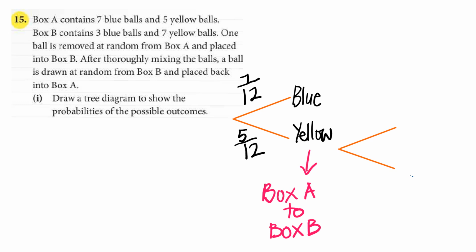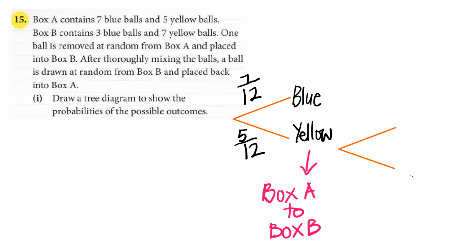Now the second part is a bit complicated because you need to take into consideration that box B already has 10 balls. So if you put one blue or one yellow from box A into box B, then the number of balls in box B will now become 11.